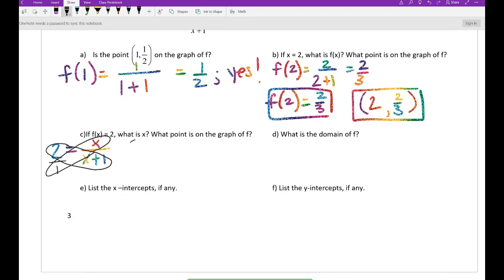Okay, so here we go. I'm going to cross multiply. That means I have 2 times the quantity of x plus 1 equals x. I would like for you to solve for x and answer what point is on the graph of f as well. So you and your partner work it out.